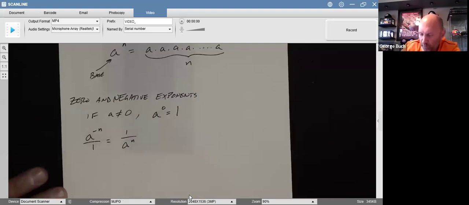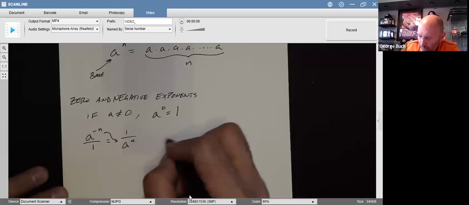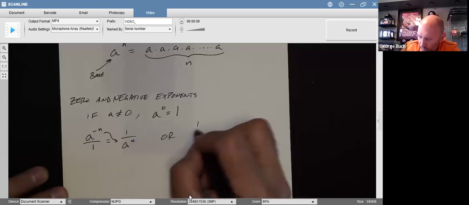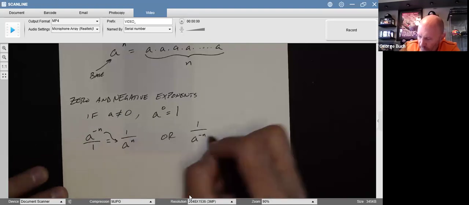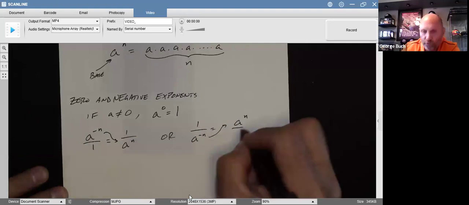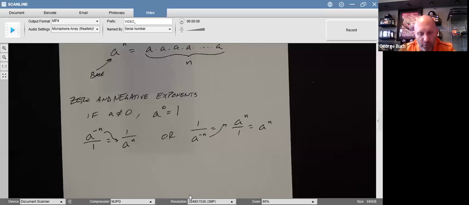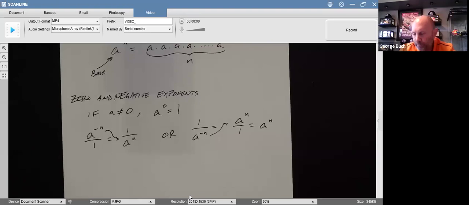And when we move it from the numerator to the denominator, or vice versa, so let's say I had 1 over a to the minus n, that's the same thing as if I take this up to the top, the exponent now becomes positive. So just a to the n power. So if we go from numerator to denominator or denominator to numerator, it changes the sign on the exponent.